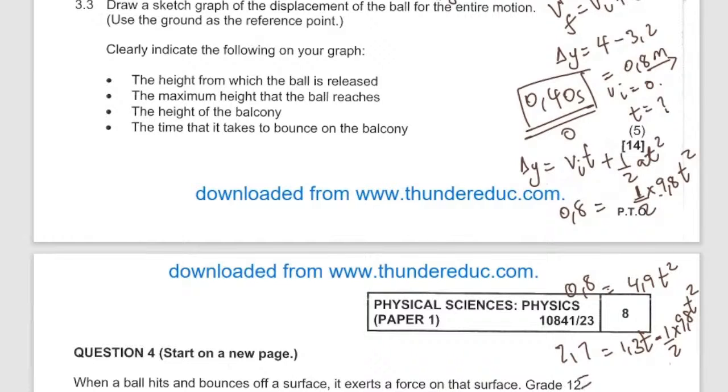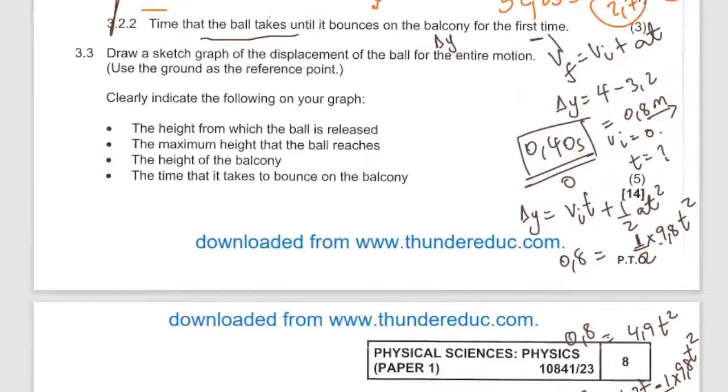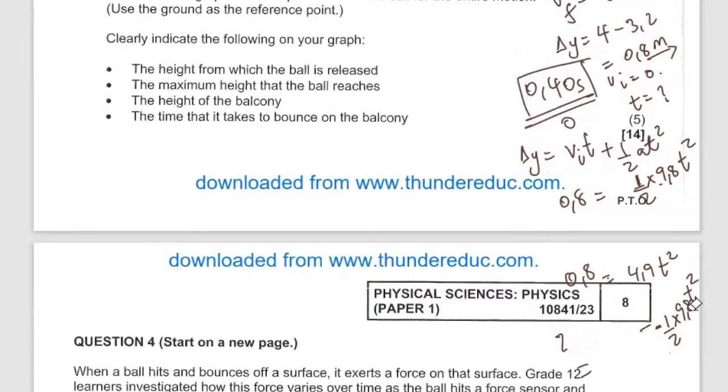Okay, so when I use my quadratic formula, 1.3 minus, I'm just going to say 4.9. That makes sense. Maybe there's something really wrong. Let's see. So this was 0.4.